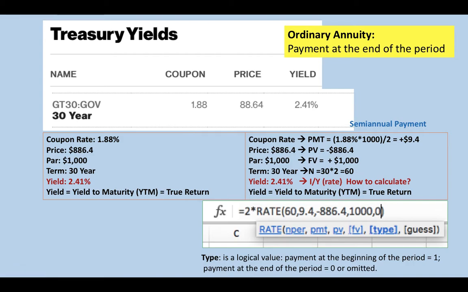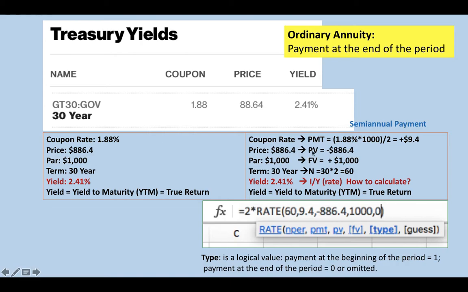It's higher than what you paid because this bond is currently traded at a discount. The term is 30 years, and with 2 payments a year, that's 60 payment periods, which means you will receive 60 coupon payments of $9.40.